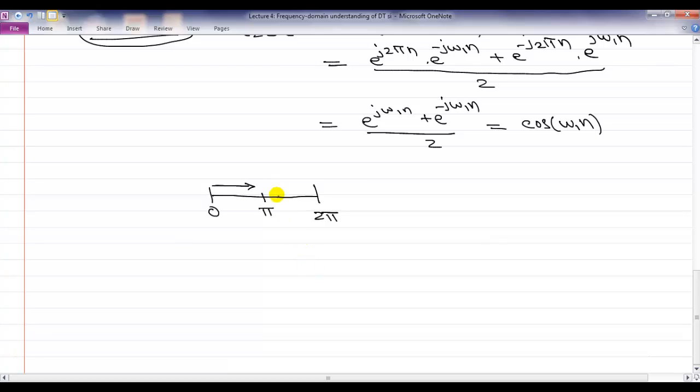But once you cross pi, then every frequency in the region pi to 2 pi is actually just the same as the frequency of 2 pi minus omega 1. So a frequency here gets mapped actually to 0 around this region around pi. And a frequency here gets mapped here.